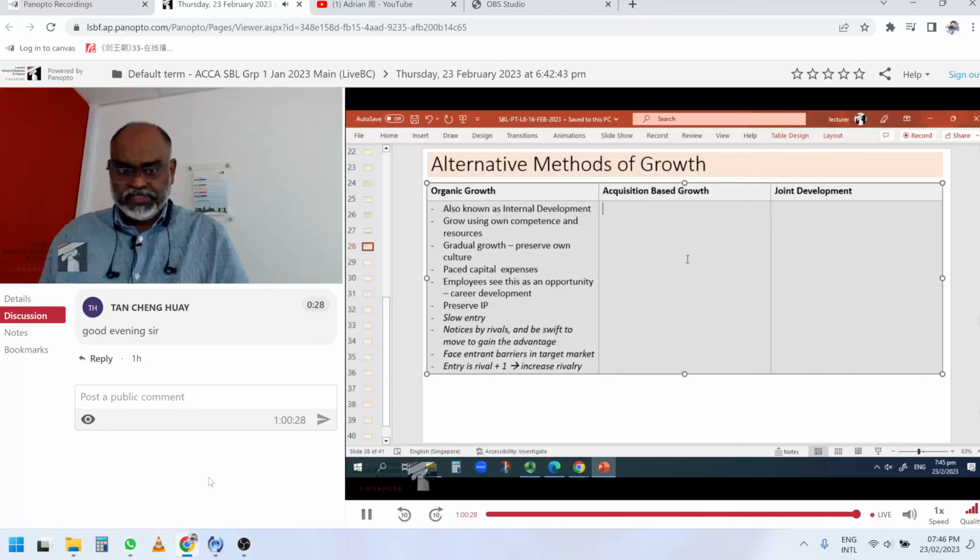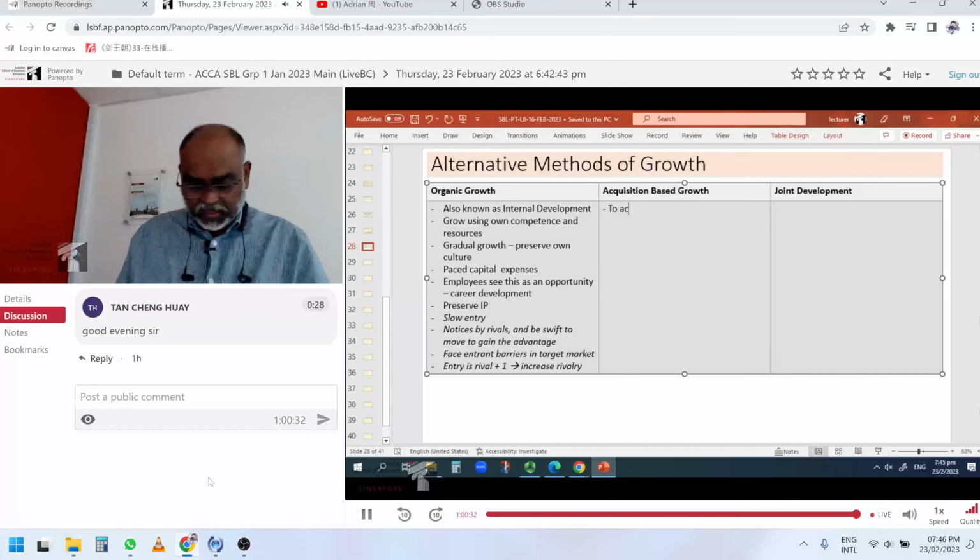The next one is the acquisition based growth. What is this acquisition based growth? This is to acquire or to procure another firm in the target market.